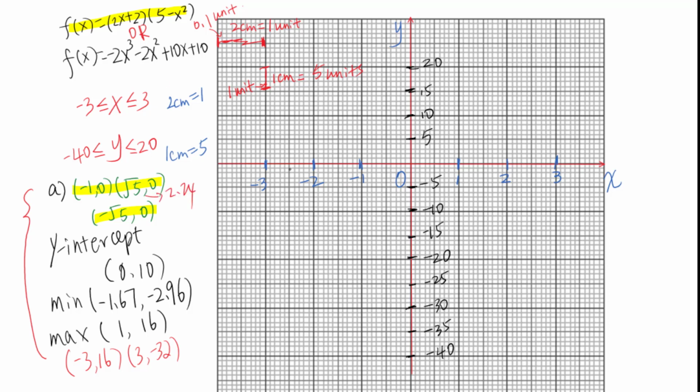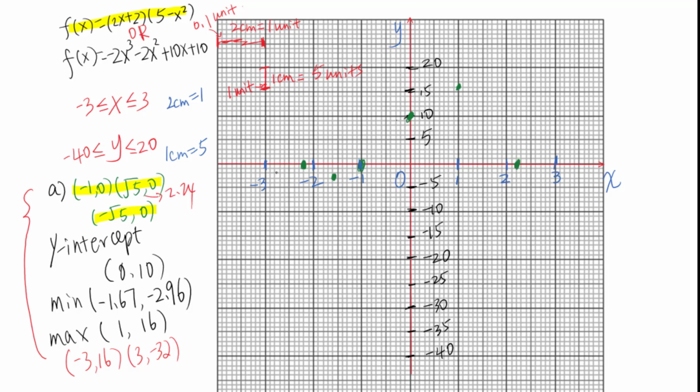Let's plot all these points. For the ending points, (-3, 16) is here. (3, -32) will be here. Then you can connect all these points to get the graph of f of x.